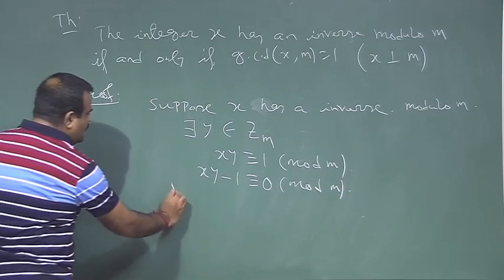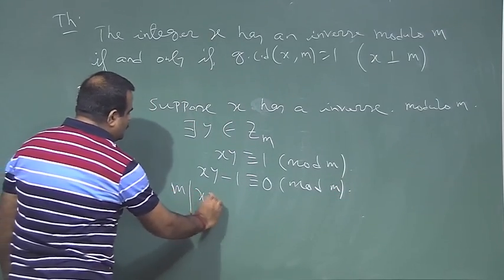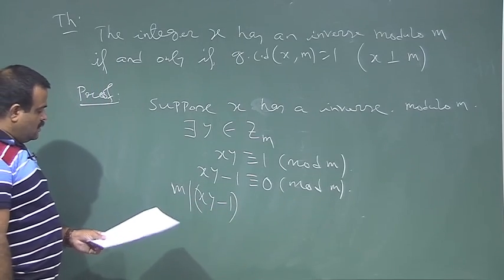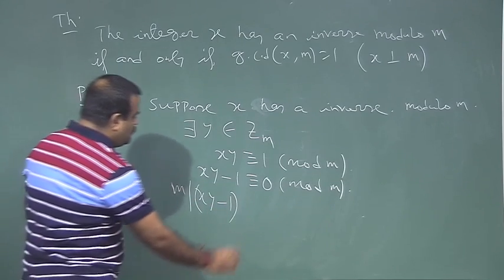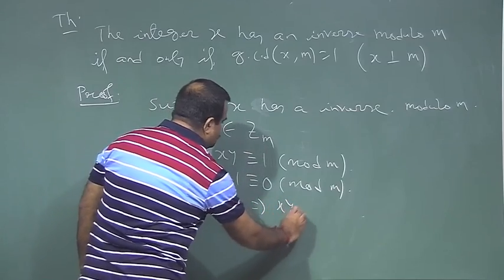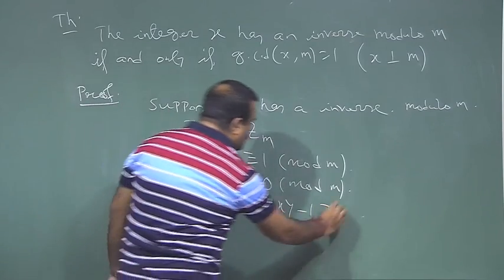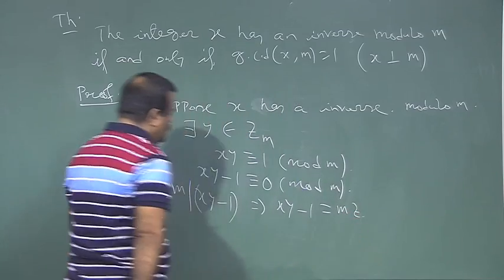From here we can write xy minus 1 is 0 mod m, so m divides xy minus 1. That means xy minus 1 can be written as m times z.